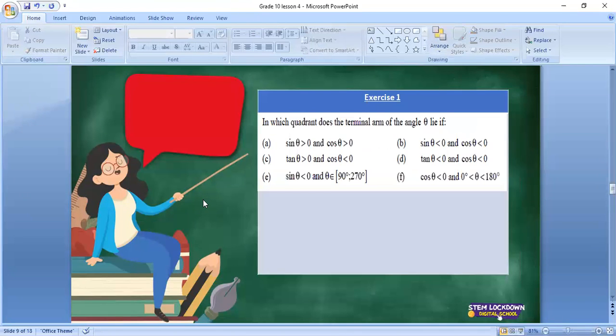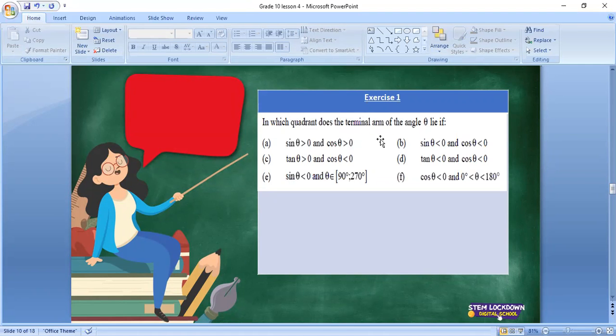Now let's see an exercise. In which quadrant does the terminal arm of angle theta lie if sin theta is greater than 0 and cos theta is greater than 0? Where would your terminal arm be? Which quadrant will the angle be? That is the question.